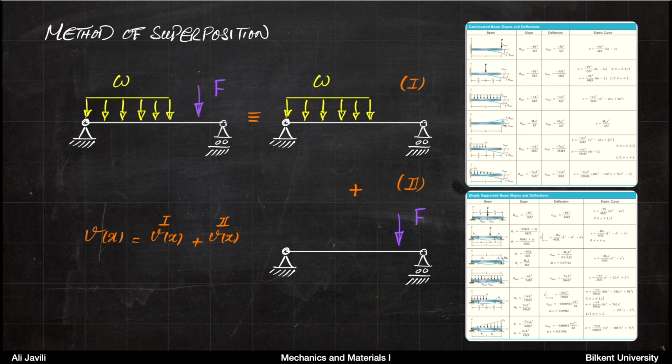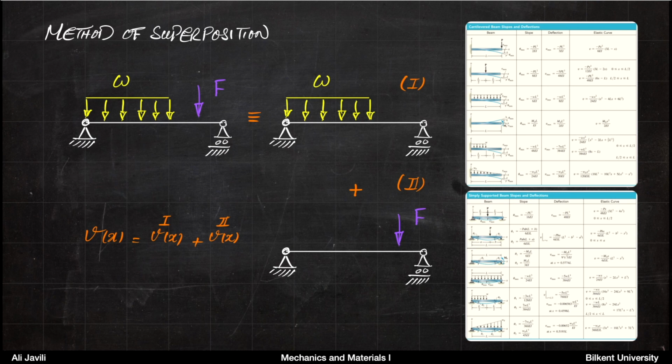All right, the next topic we want to talk about is the method of superposition. The method of superposition is no different from what we have learned before. The idea here is that we are dealing with linear systems, and because of the keyword linear, we are allowed to use the properties of linear functions.